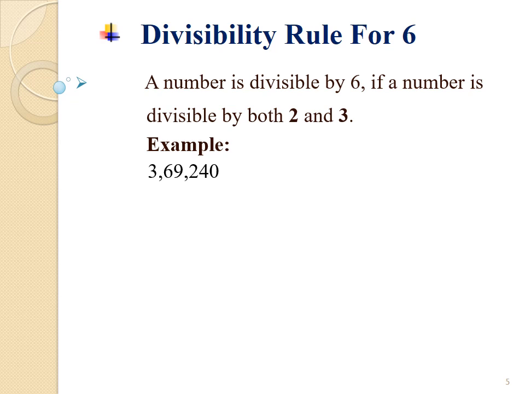So, let's find the sum of the digits by adding all the digits 3, 6, 9, 2, 4 and 0. Thus, adding 3, 6, 9, 2, 4 and 0, we get the sum 24. 24 is divisible by 3. So, this number is divisible by 3.